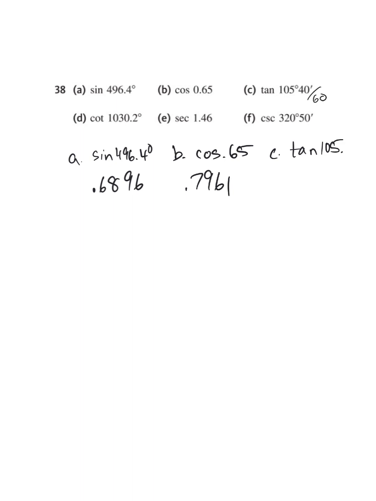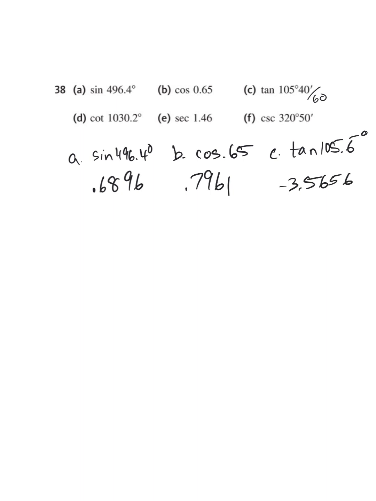And C is the tangent of 105 point 40 minutes. Again, divide that by 60. So 40 divided by 60 is 0.6 repeating. And that's in degrees, so go back to degrees and do the tangent of 105.6 repeating. And that's negative 3.5656.